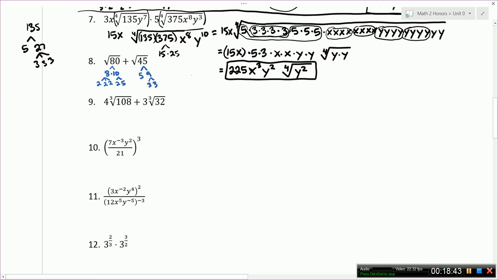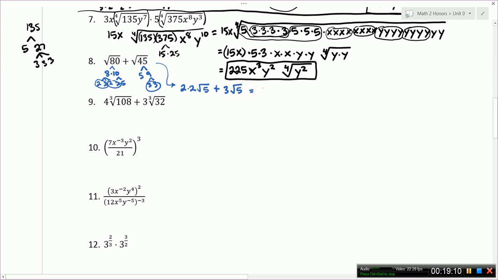So we can rewrite these as the square root, well, we're pulling out pairs. So 2 times 2 times the square root of 5 plus, we got a pair of 3's, 3 times the square root of 5.